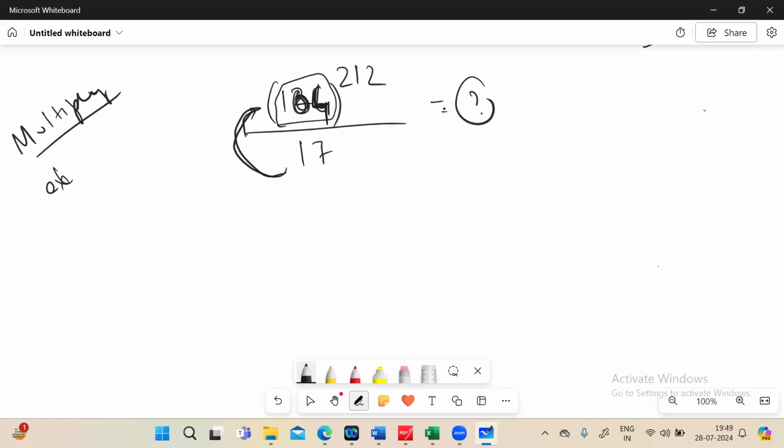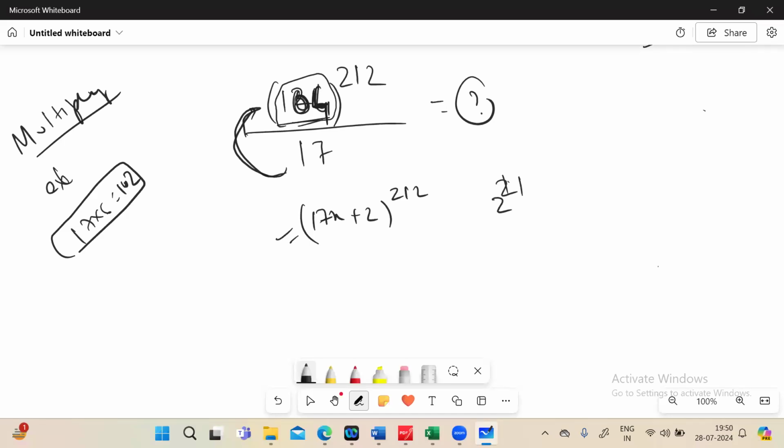So I know that 17 into 6 is 102. So we can keep this number as (17x plus 2) to the power 212. If we make something like this, then you will also think that this particular algebra will have only one term which doesn't have x, and that will be 2 to the power 212.